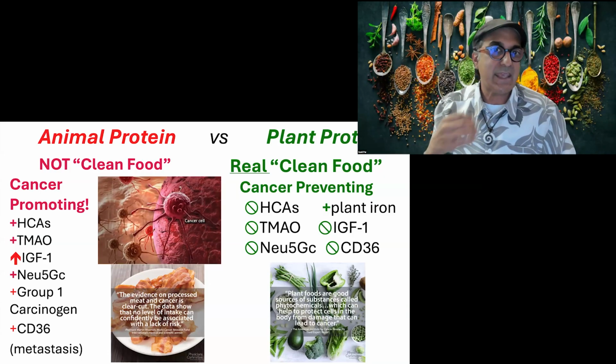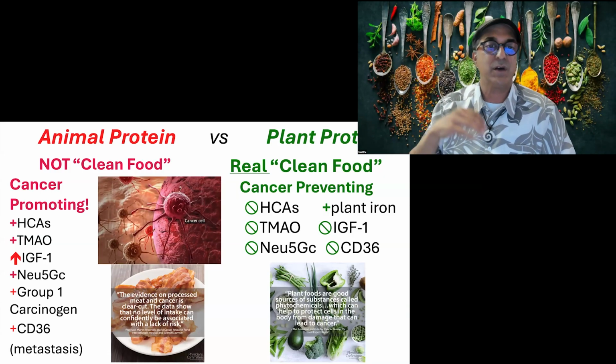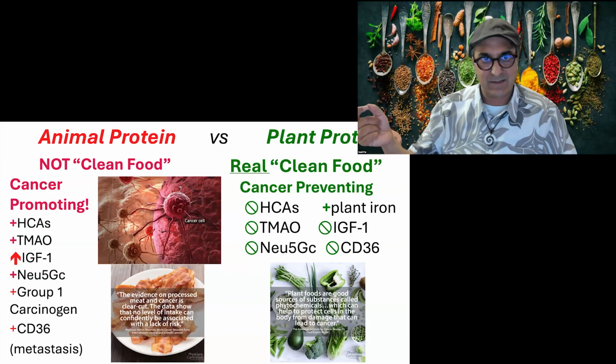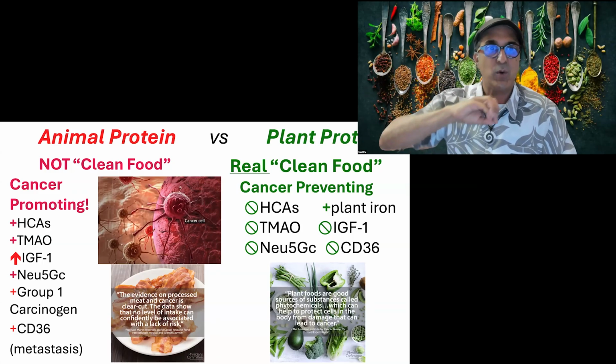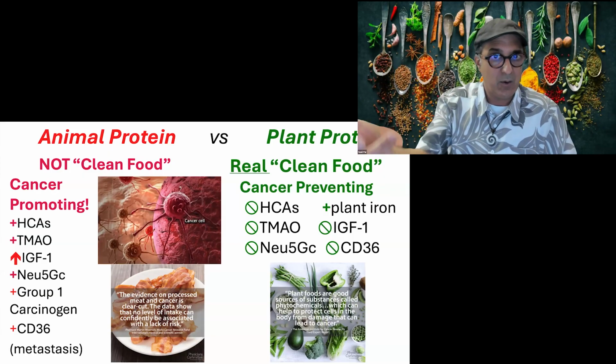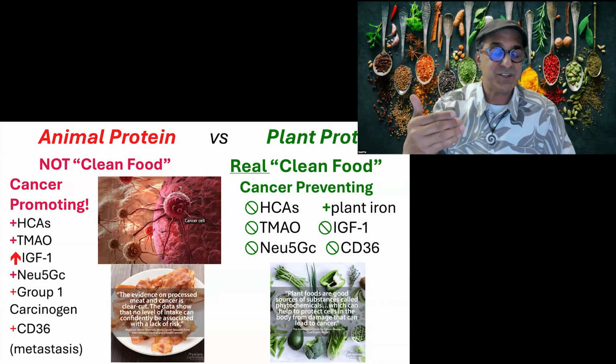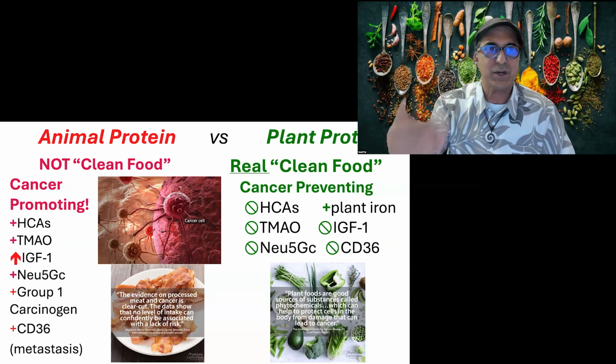Okay. Something called TMAO in the last 5 years. There's a lot of research now showing about choline, which is found highest in eggs. Even if they're grass fed and free range, they still have high amounts of choline. The choline goes to the liver, goes to the microbiome, and creates this molecule called TMAO. That is a pro-carcinogenic and inflammatory trigger.